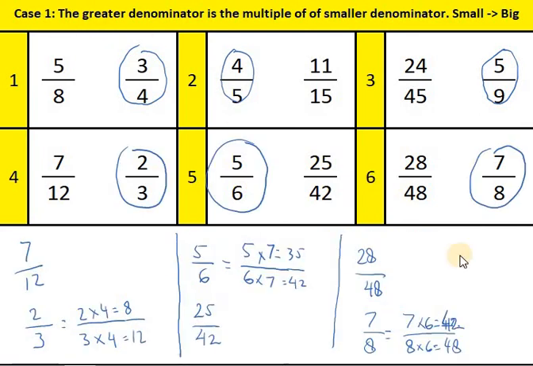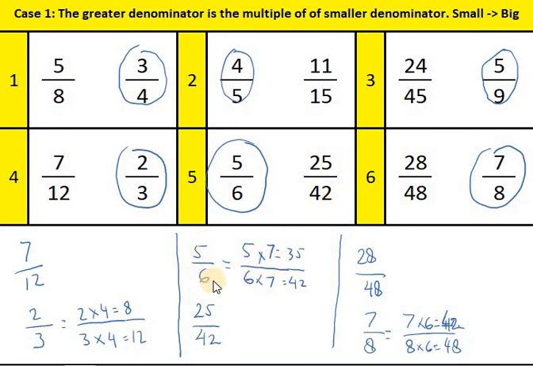Okay, this is the answer for number 4, 5, and 6. This is greater than this fraction, because after I do the conversion, this is the result, 8 out of 12. Then 5 out of 6 and 25 out of 42.